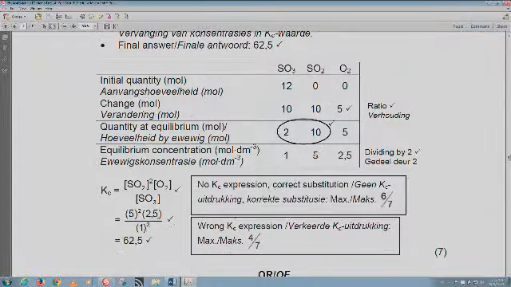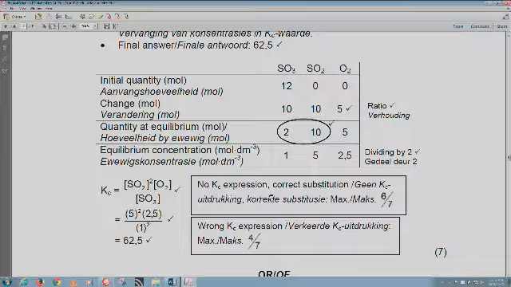And then for substituting correctly the equilibrium moles that the learner has calculated and squaring those of sulfur dioxide and sulfur trioxide, it's 1 mark. And then the final answer there must be 62.5.